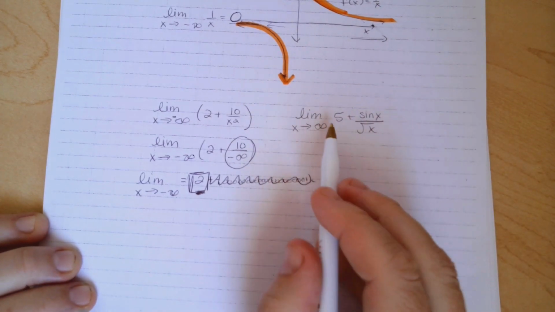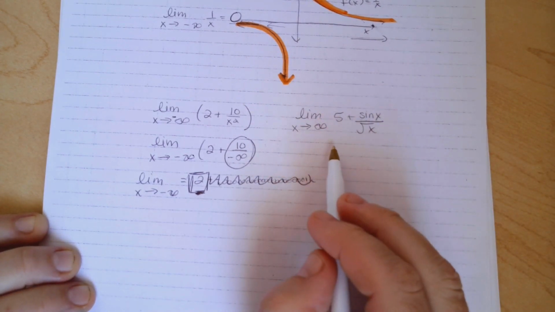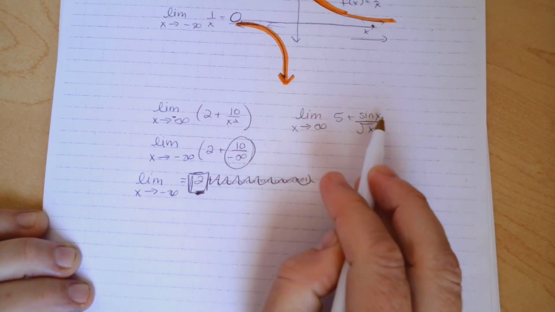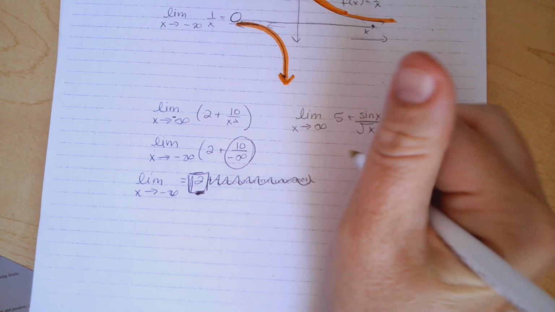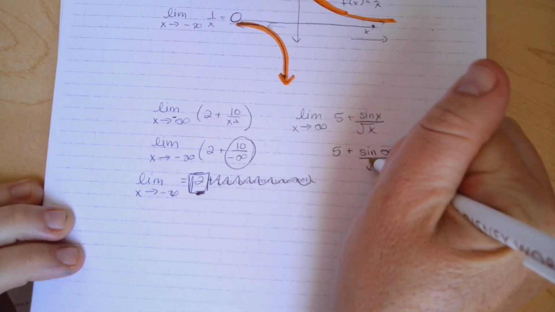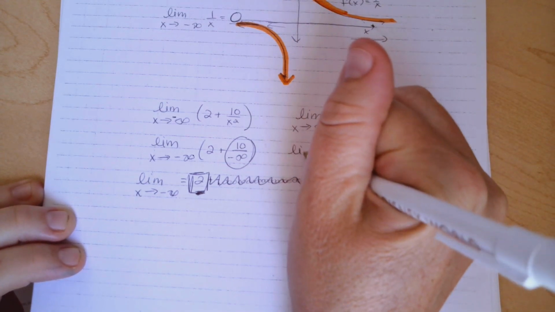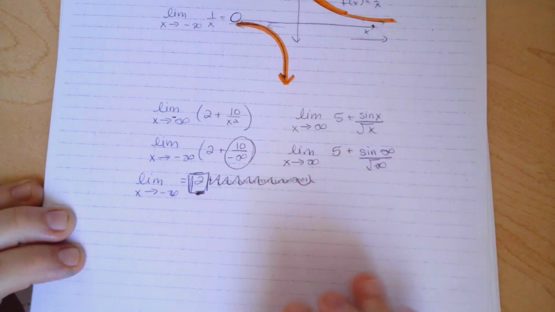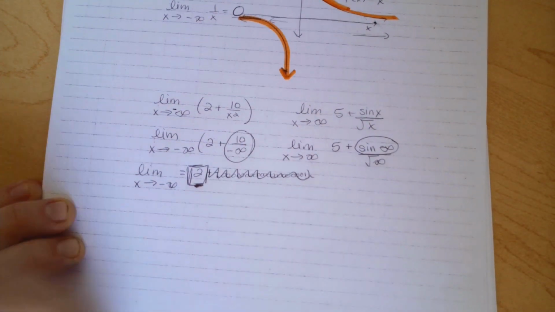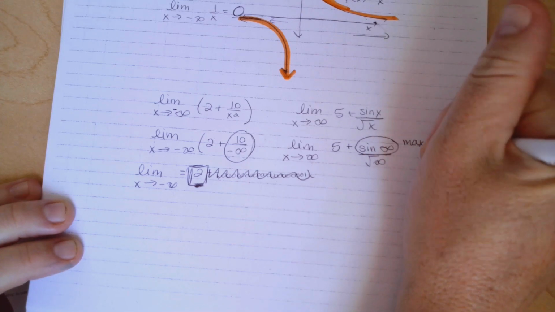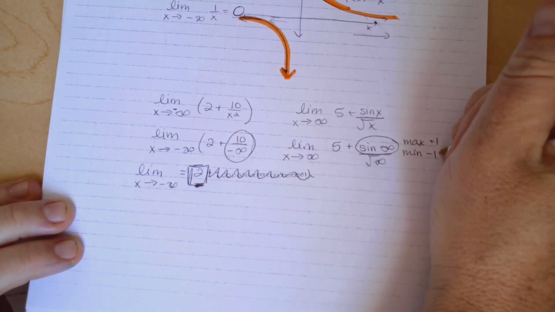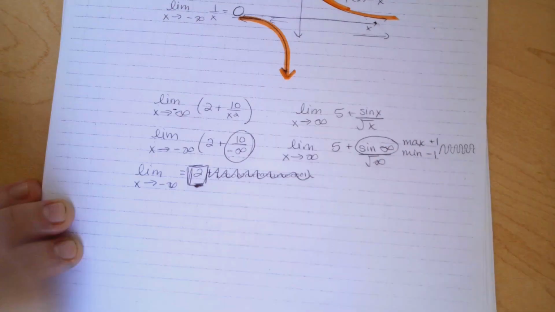Let's go ahead and look at this one over here. Same kind of idea. We have the limit as x approaches infinity of 5 plus sine x over square root of x. So I'm going to get 5 plus sine infinity over the square root of infinity. What do I know about sine? I know its max is plus 1 and its min is minus 1, and it's just going to oscillate between those two values.